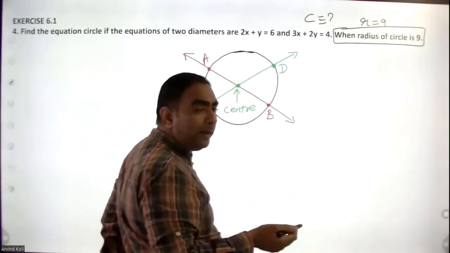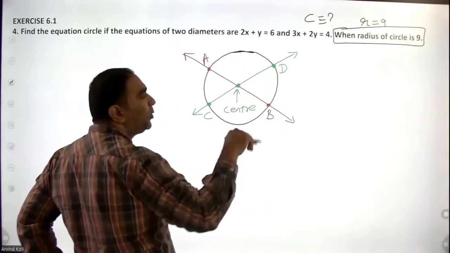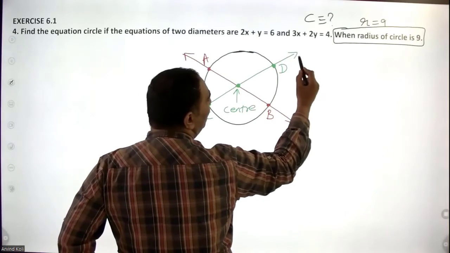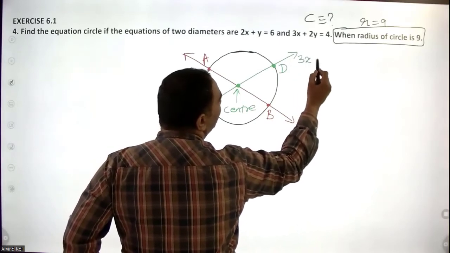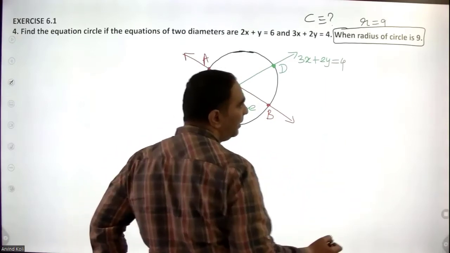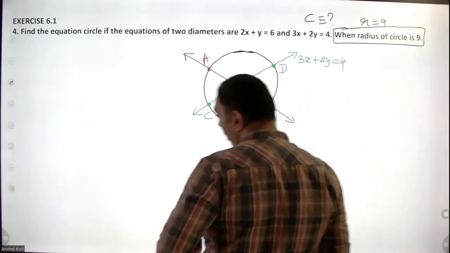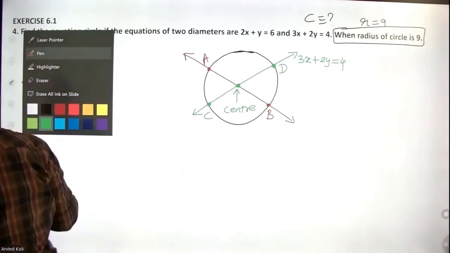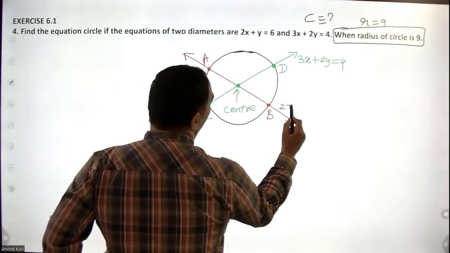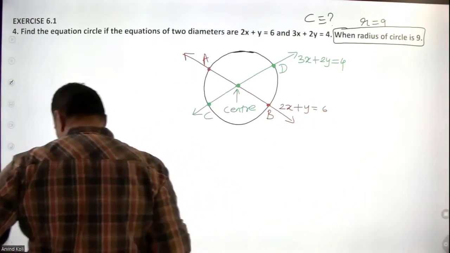So how are you going to get it? We will solve the equations of these two lines, the diameters, simultaneously. The second one I had written, so let me write it here: 3x plus 2y is equal to 4, and this one out here is 2x plus y is equal to 6.